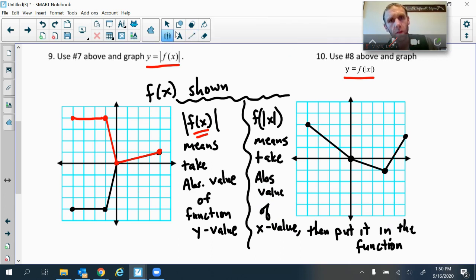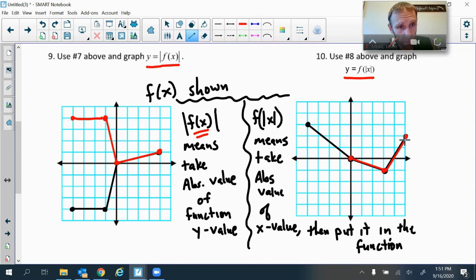So in this case, I look at this point, which has 5 as my x value. The absolute value of 5 is 5, and so that stays here. The absolute value of 3 is 3, so that stays here. And all of those kind of stay in the same spot that they were in. So that's what this looks like.